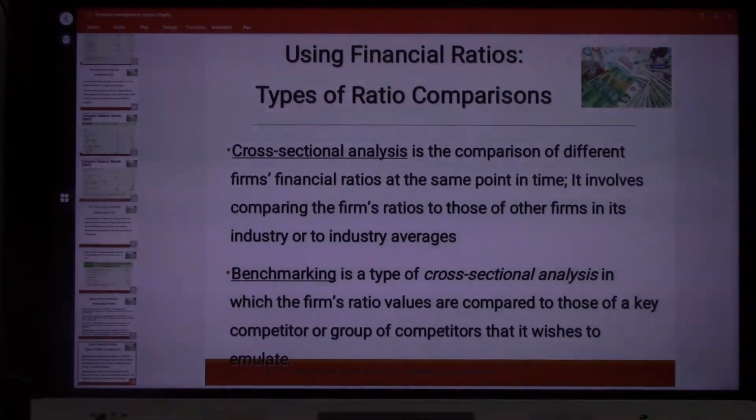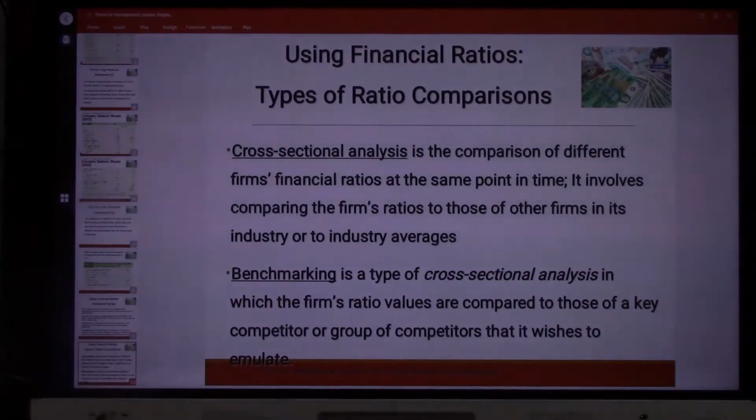For instance, I have company X, company Y, and company Z. We calculate the financial ratio for these companies at the same point in time. Therefore, cross-sectional analysis could involve comparing the firm's ratio to other firms in its industry, or comparing the ratio with the industry average.